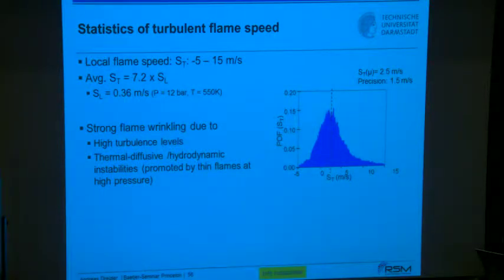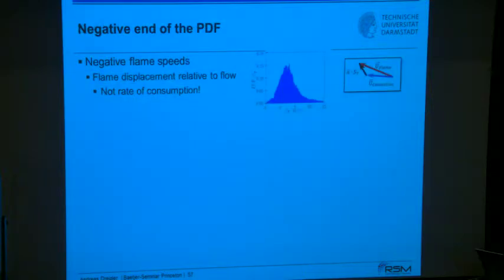They're much stronger than at atmospheric conditions, and thereby as well we have a contribution that wrinkles the flame. It's not only the turbulence, but as well these kind of instabilities wrinkling that flame, such that you in the end need to account for that when you model it with an appropriate turbulent flame speed.